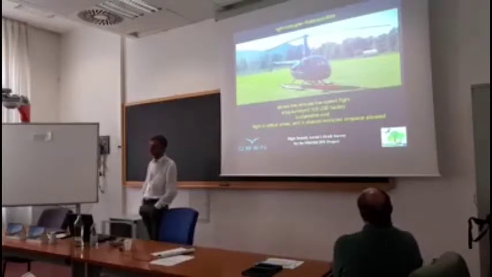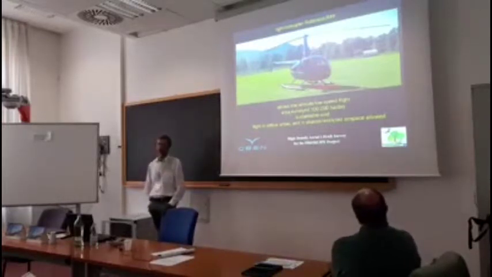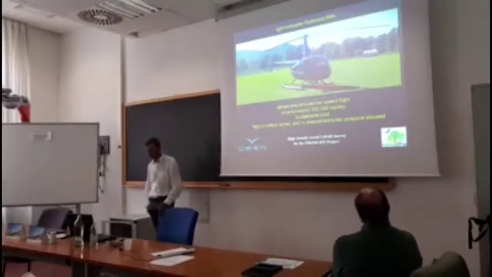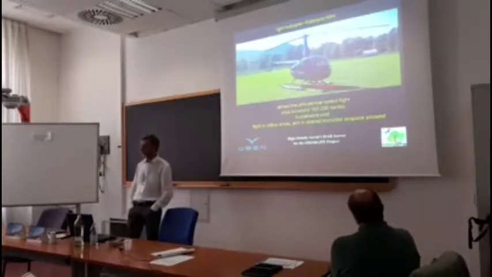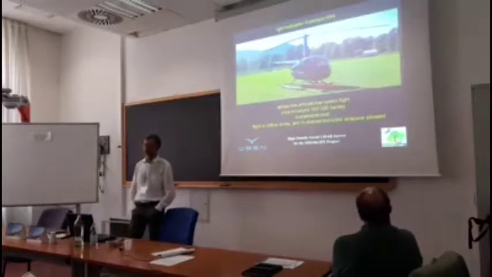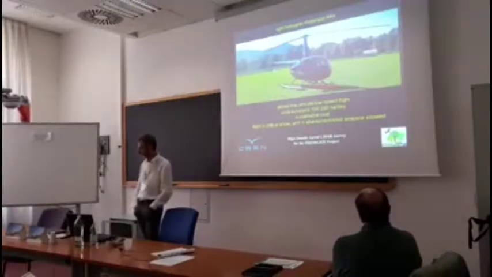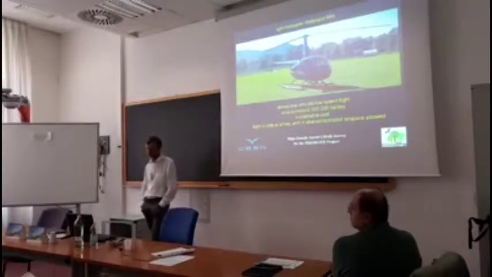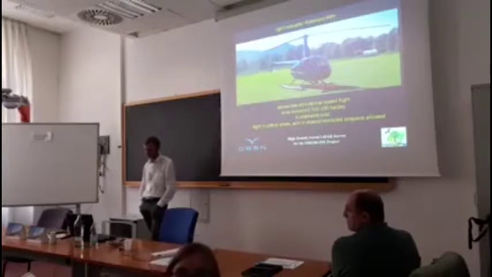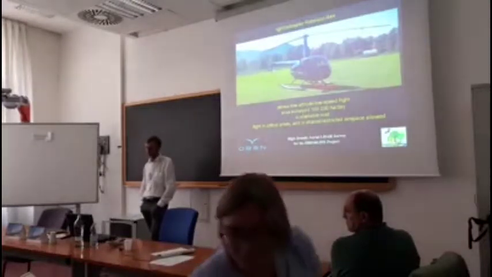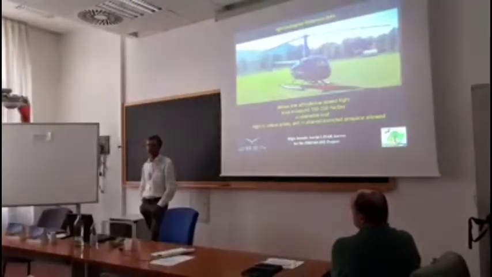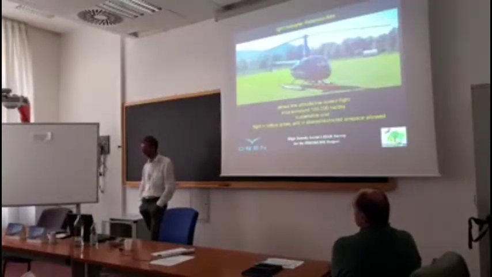So we can maintain a flight profile that is very similar to the octocopter. That also allowed us to test the sensing procedure and the flight profile on the large areas that we surveyed. In this project there are 3 sites, and we surveyed more than 200 hectares on each site.